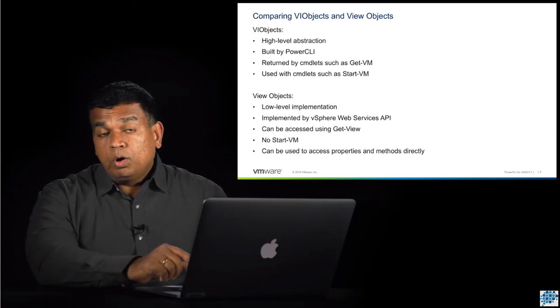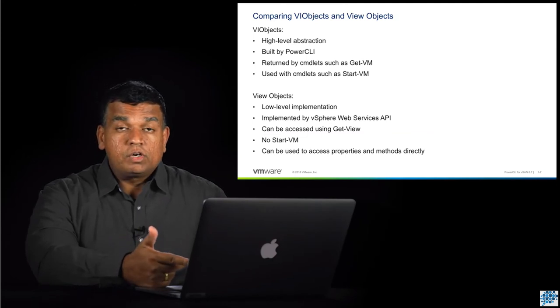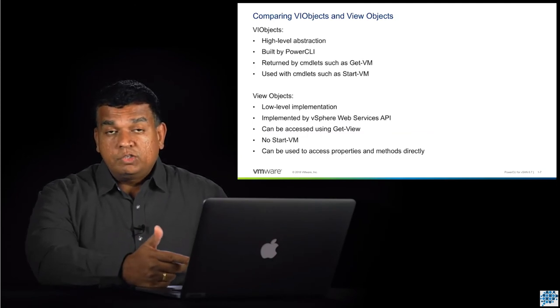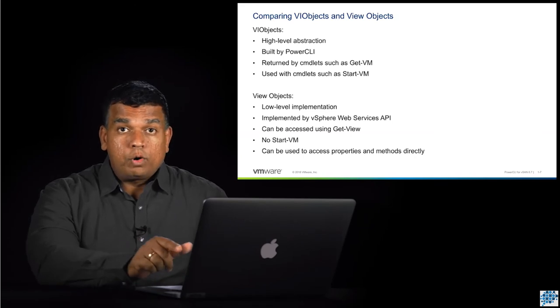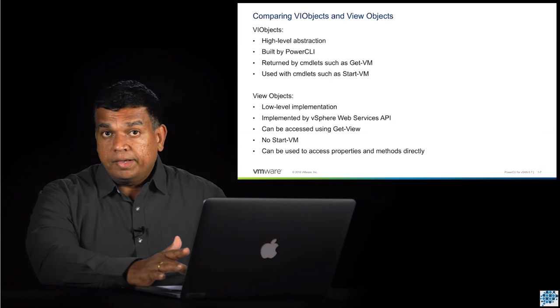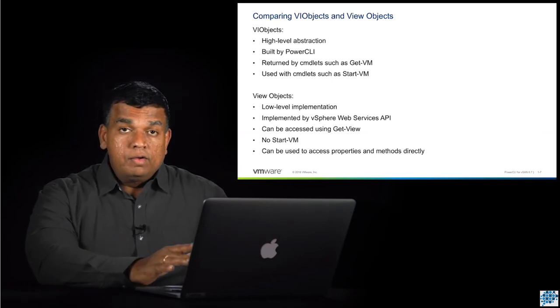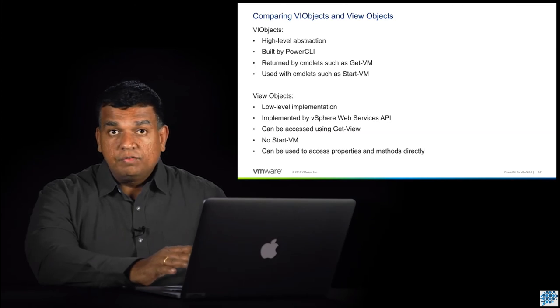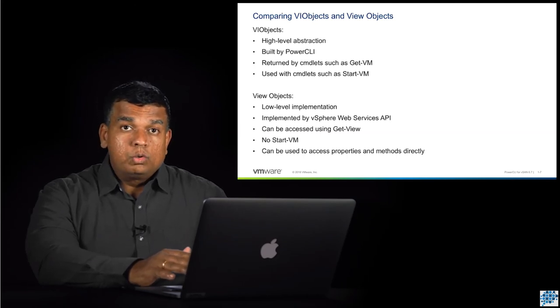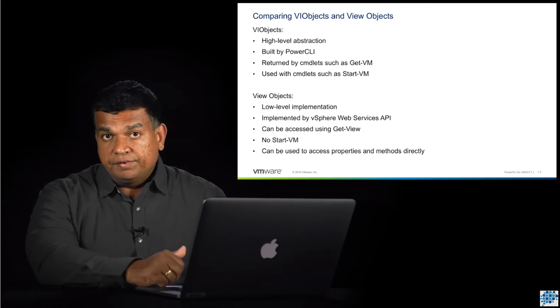However, in the view objects, we have the option of directly invoking the methods of a particular object, or actually seeing the low level properties of the object. So you have to understand that it has a lot of power here. We are looking at the actual low level implementation of the vSphere API, and so we can pretty much get unlimited access to the entire structure of the inventory.